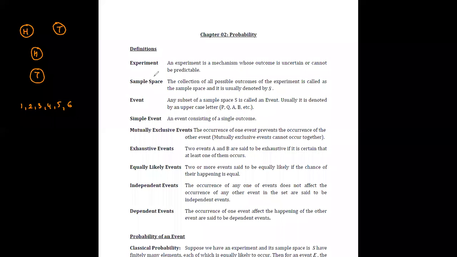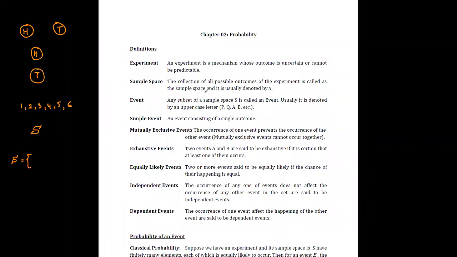We generally denote the sample space using the uppercase English letter S. If you consider the experiment of flipping a coin, the sample space is getting either a head or a tail. This would be the sample space for the first experiment.